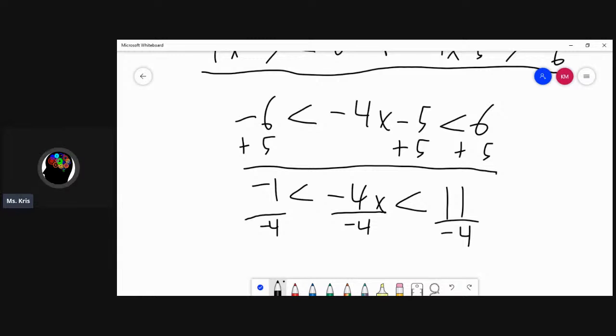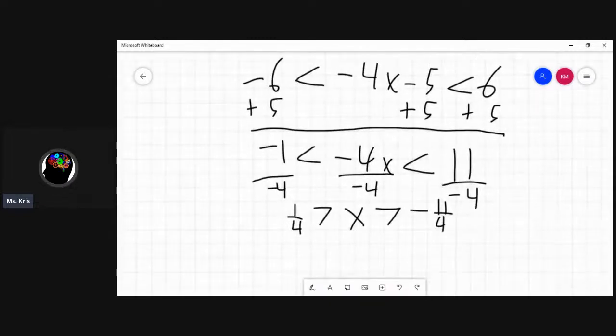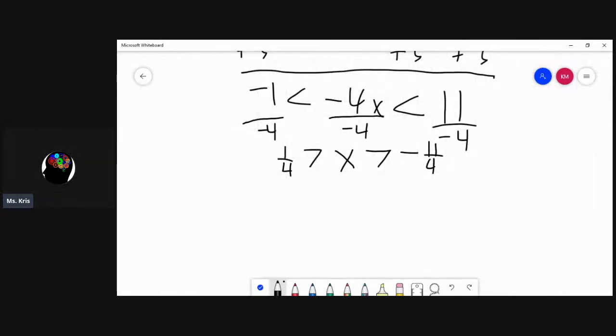So now you have 1/4 is greater than x that is greater than -11/4, or to flip it back into the right perspective, because of course this sentence can be written in the correct order: -11/4 is less than x, which is less than 1/4.